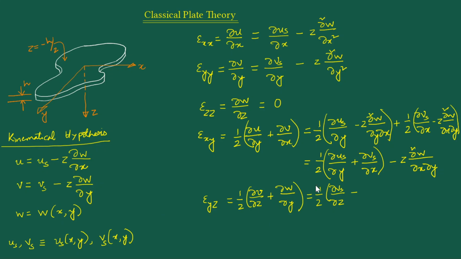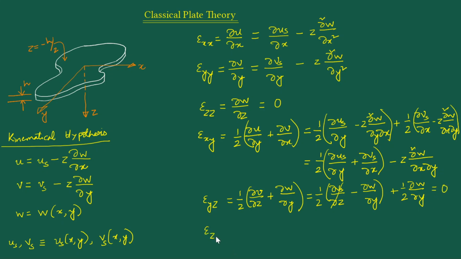This w is a pure function of x and y, so it has no business with the differentiation with respect to z, and we have this. And this del w del y just gives us this. So overall, since this is 0, what we have is that this is 0.